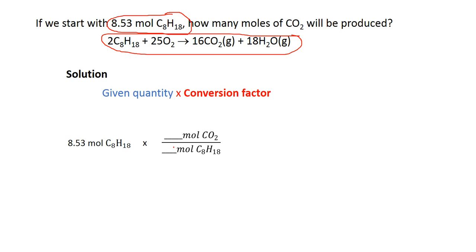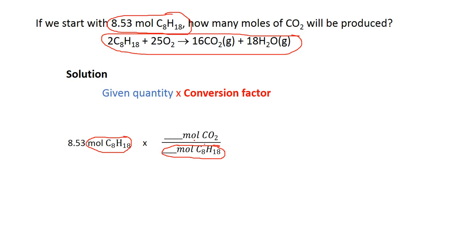There will be a number here, but what we are looking for is to make sure that this cancels with this one. That's what we want. So these cancel, and then we think about what do we put at the top here.